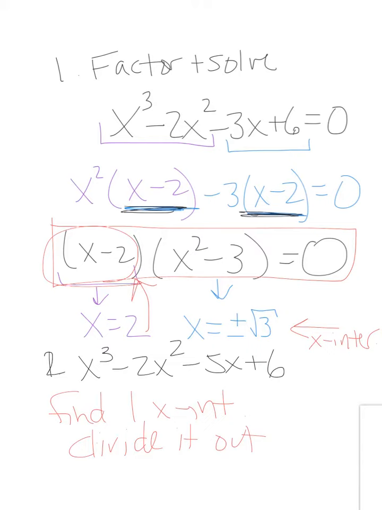Think about that for a moment, please. So hopefully you came up with an idea that if you're testing whether something is an x-intercept, you can plug it in for x, and then this should equal 0 if it's an x-intercept.